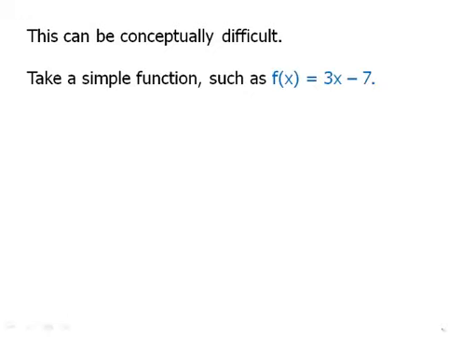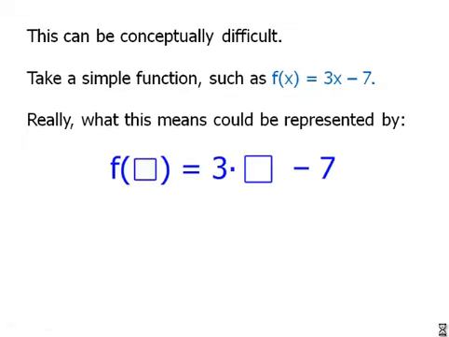Take a simple function such as f of x equals 3x minus 7. This is a rule that says give me any input, I'll multiply it by 3, and then I'll subtract 7, and that will be the output. Really, we could write it in this form, f of empty box equals 3 times empty box minus 7, with the understanding that we could put anything we want into that empty box as long as we put the same thing into the empty box on the other side.